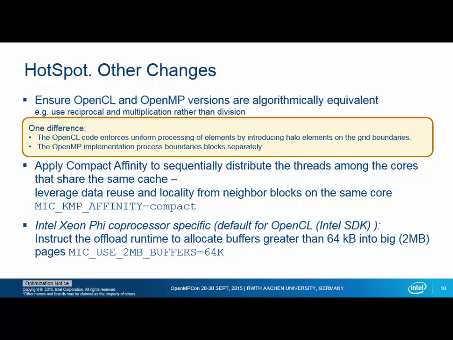In OpenCL, they added special halo elements on the boundaries. They extended the initial matrix with additional elements and do uniform processing, so OpenCL doesn't have the bound check because they expanded the matrix, and they guarantee the computation will be within the boundary.